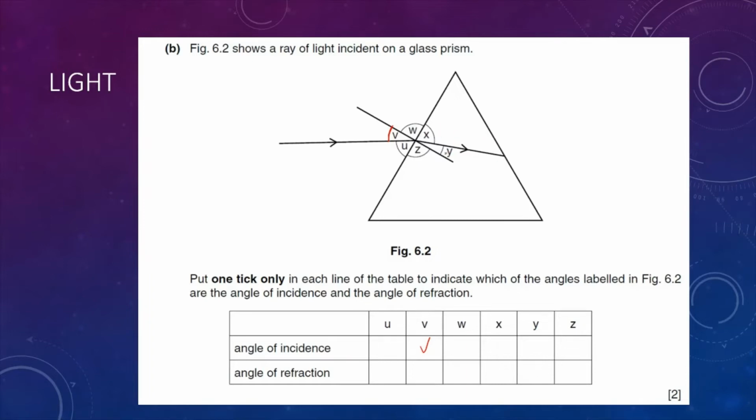So in this drawing, the angle represented by this, which is y. So let's put one tick on angle of refraction at y. This is the answer. Angle of incidence phi, angle of refraction y.